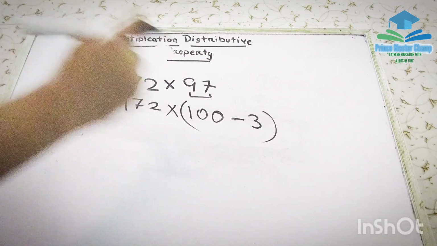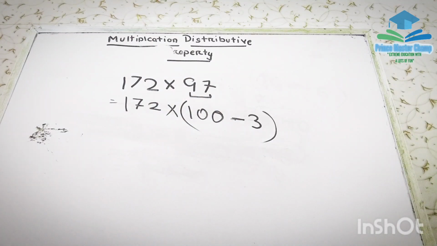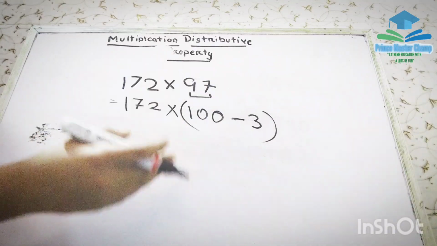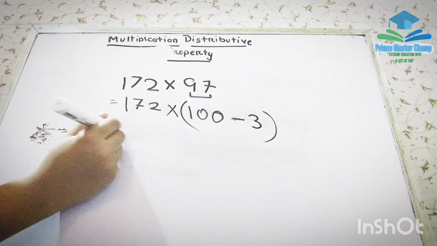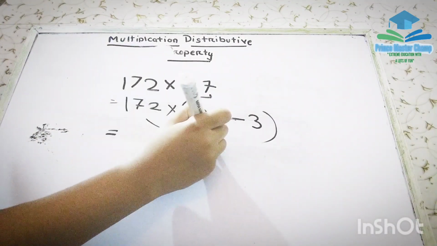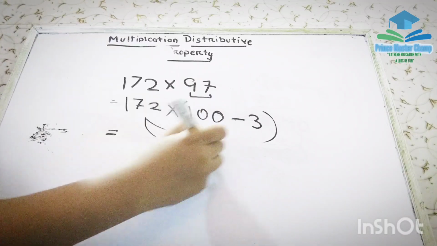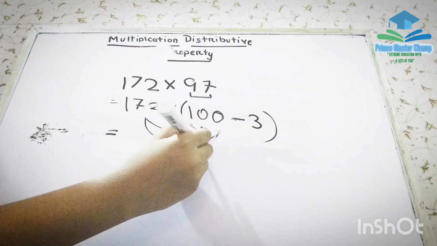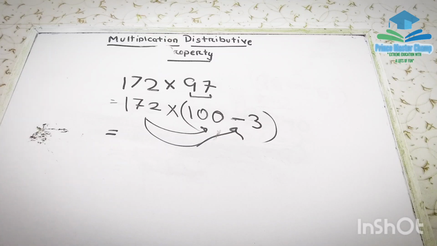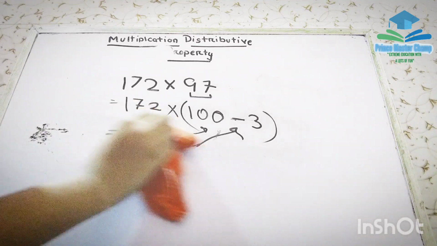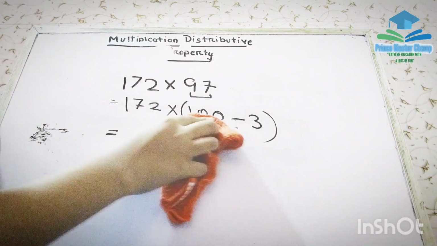Now we are going to solve this. So this can be solved by first multiplying this with this, and then 172 with 3. Okay. So now how are we going to do it? We are going to do it by writing our steps.